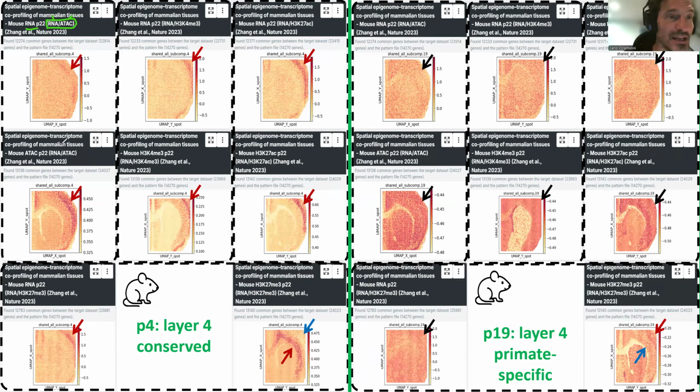This was the RNA data from that experiment, and this is the ATAC data on that same section that RNA and ATAC were generated on. Here we have RNA and H3K4 trimethyl that were done together. And again, you've got to watch those dotted lines to see which are the slices that were studied together. And here we have H3K27 acetylation along with RNA.